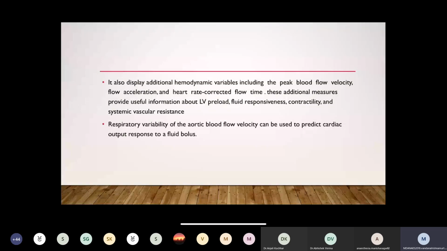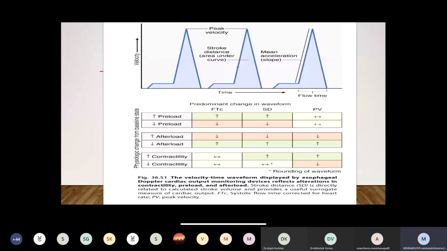An increase in preload will cause an increase in flow time, with the systolic flow time corrected for the heart rate, and it also increases the stroke distance, which represents the stroke volume. Decreasing the preload decreases the flow time and stroke distance.